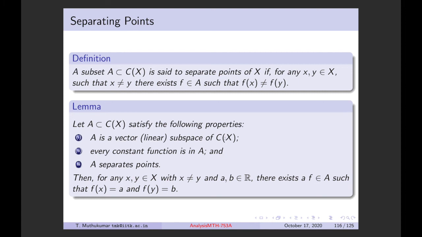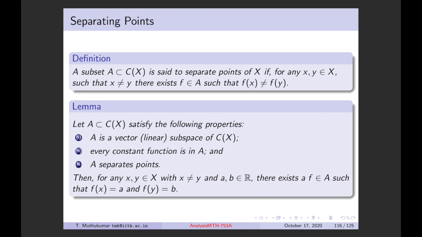Two, every constant function, which is a continuous function, is in A. In fact, if you club it with the first point, you can say it's just the constant function 1 being in A, because if 1 is in A by the subspace property, all the constant functions will be in A. And three, A separates points, the way we have defined it here.